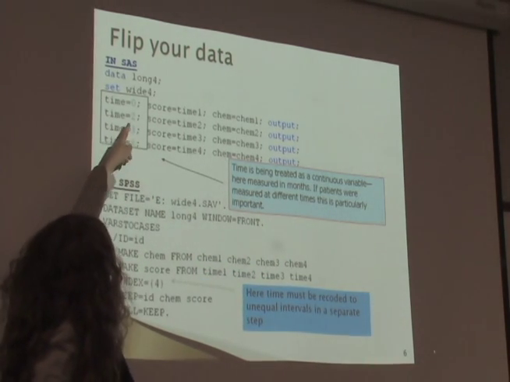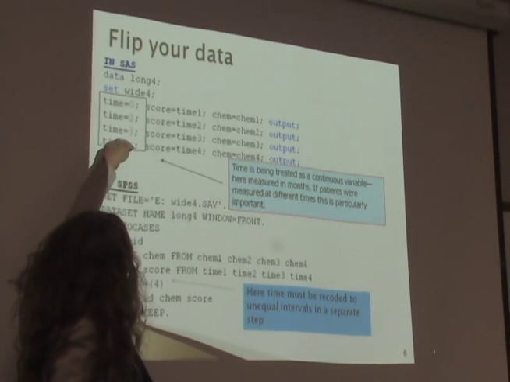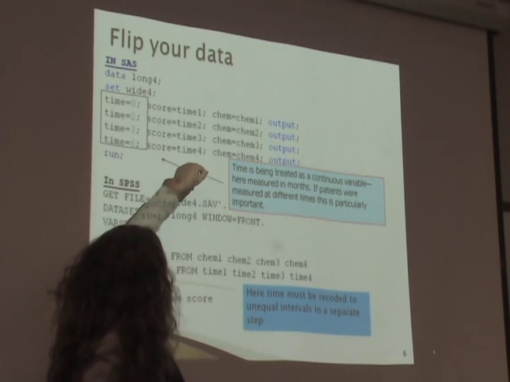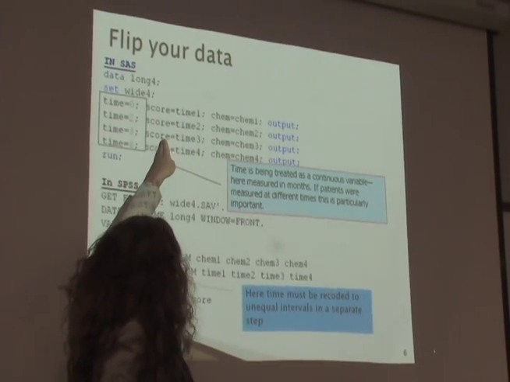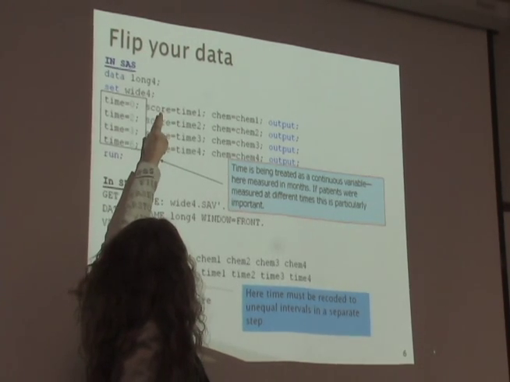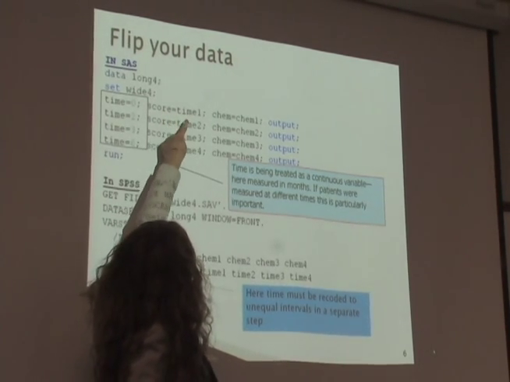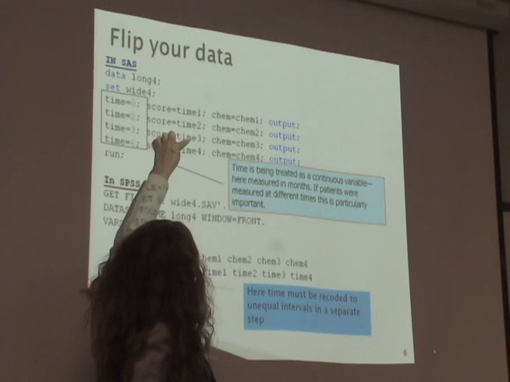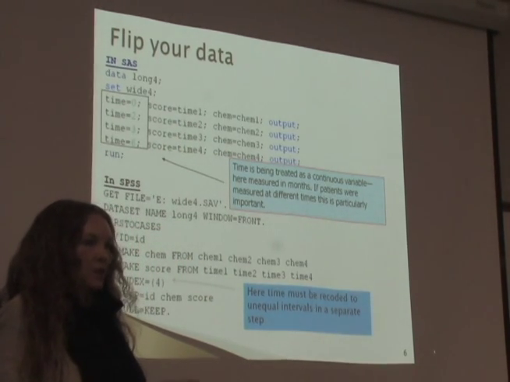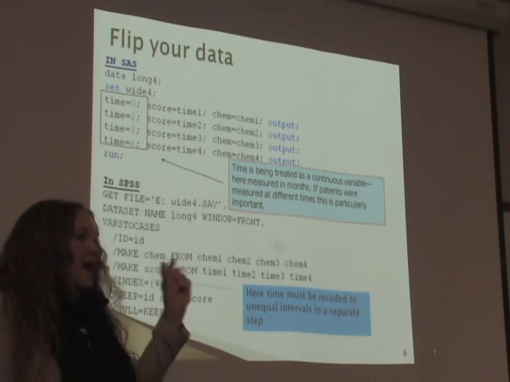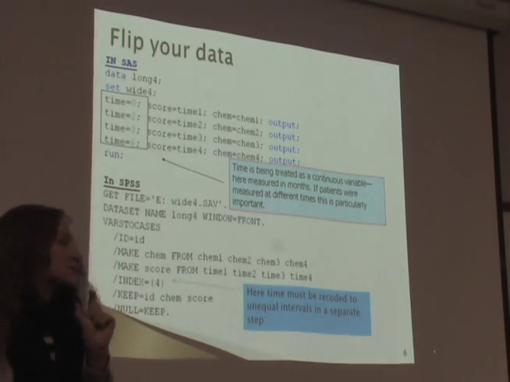So here we have time 0, 2, 3, and 6. And then score, which is the dependent variable. We're creating the score variable, which is the score at time 1, time 2, time 3, time 4. And then the chem variable.